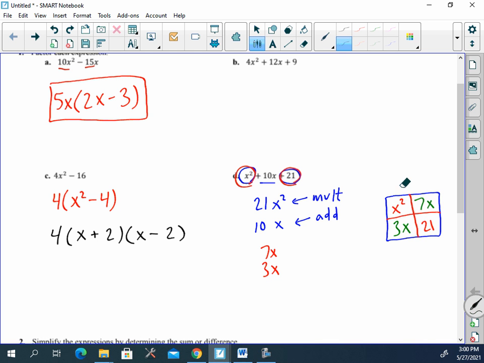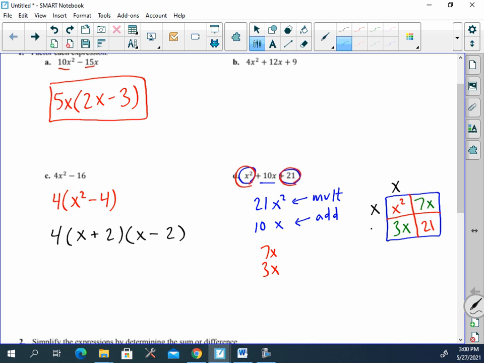Then what we're trying to do is factor out our greatest common factor. What can we take out of the x squared and the 3x? X. And then what would go over here? X, because we're trying to get that x squared. What's going to go down here if we're trying to get 3x?